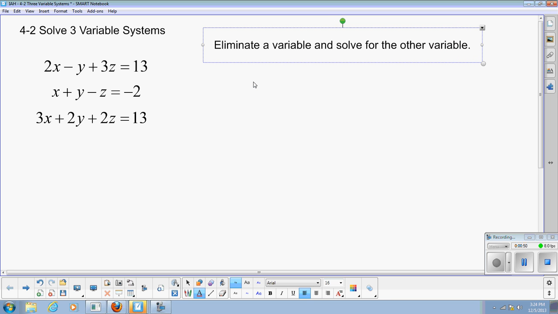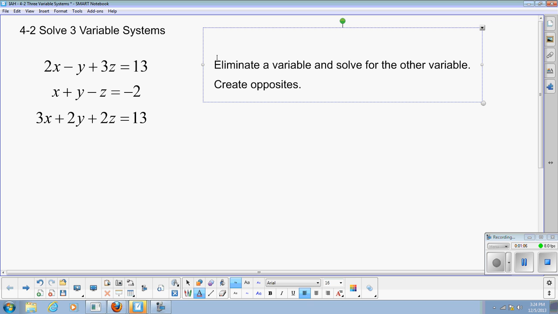We did that by creating opposites. So the two variable system, we eliminated a variable and we solved for the other variable, and then we substituted back in. We did all that by creating opposites.